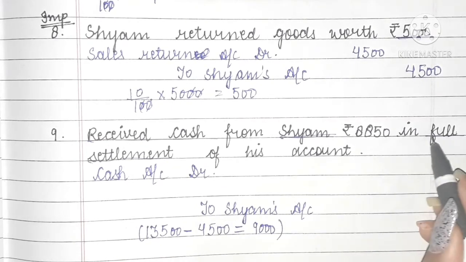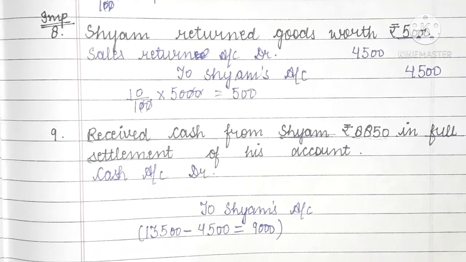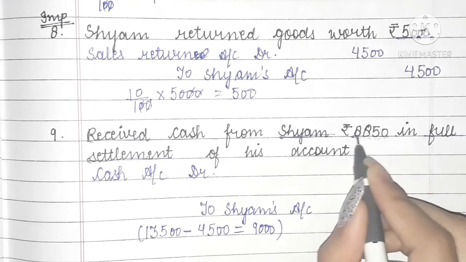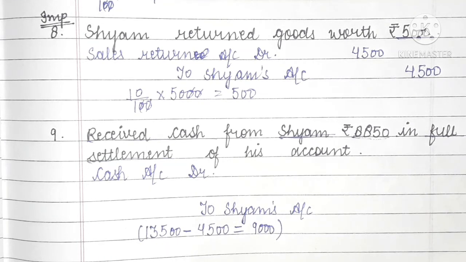But here he paid us 8,850 rupees in full settlement of his account. Full settlement of account means this is the final payment made by him and he will not pay any cash in the future. So the conclusion is he had to pay us rupees 9,000 but he is paying us 8,850 in full settlement.